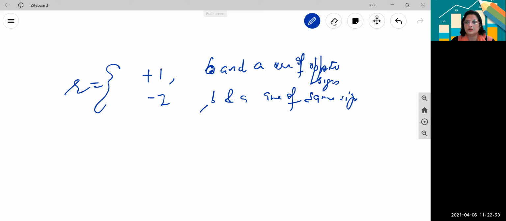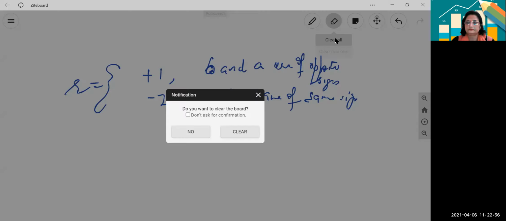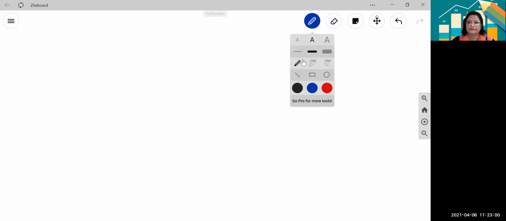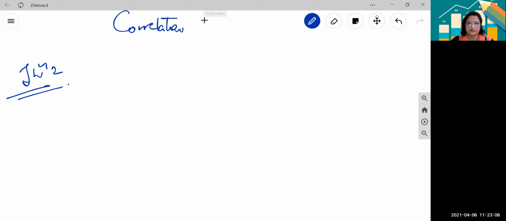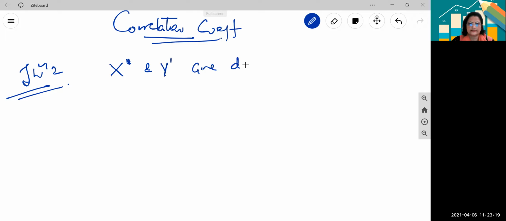Now I'm coming to the next theorem. Theorem number 2. Theorem 2 related to correlation coefficient. So what the theorem says, suppose x dash and y dash are the deviations.